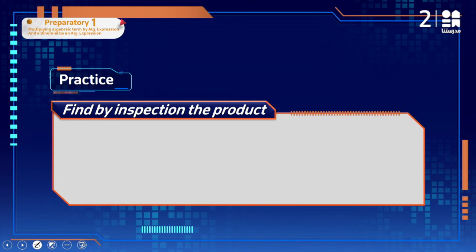Okay, another one. Find by inspection the product of 2m squared plus 9, 5m squared minus 2. Okay, first times first, then second times second.